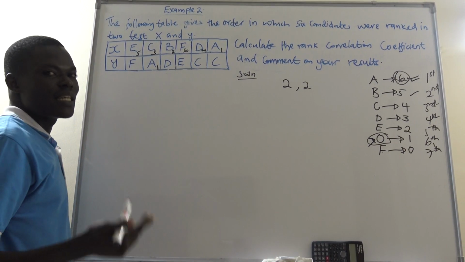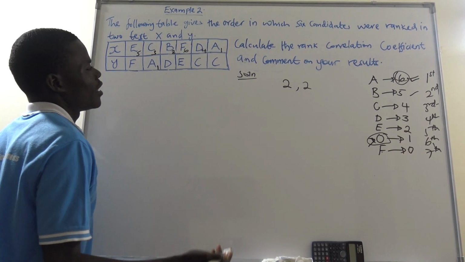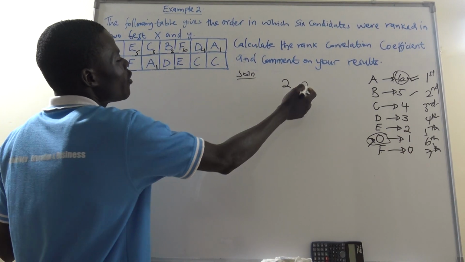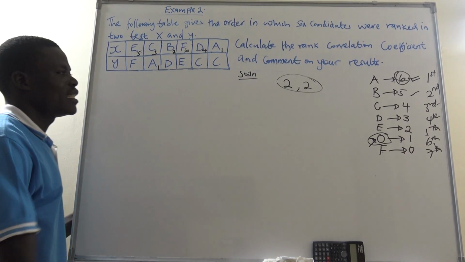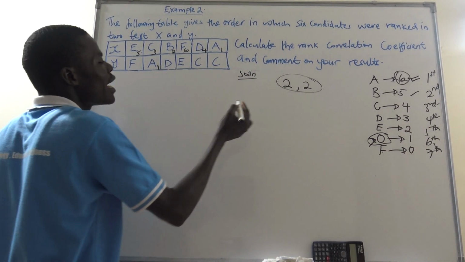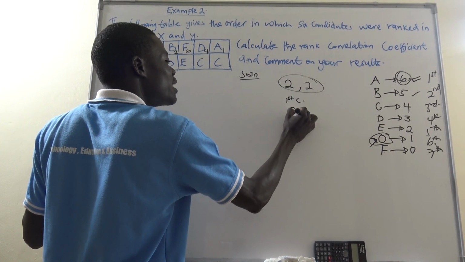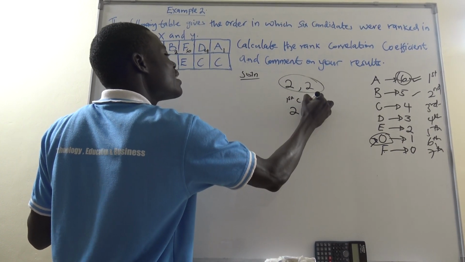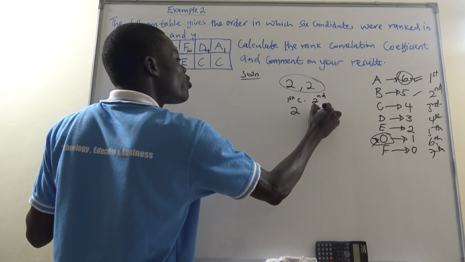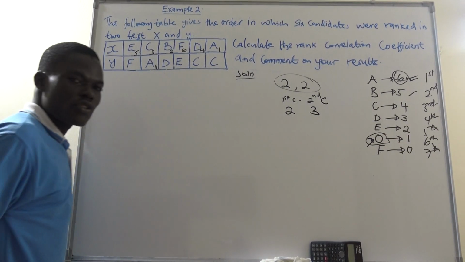But in our ranking we cannot use 2, 2 as it is. The first C was supposed to take the second position, and the second C the third position.